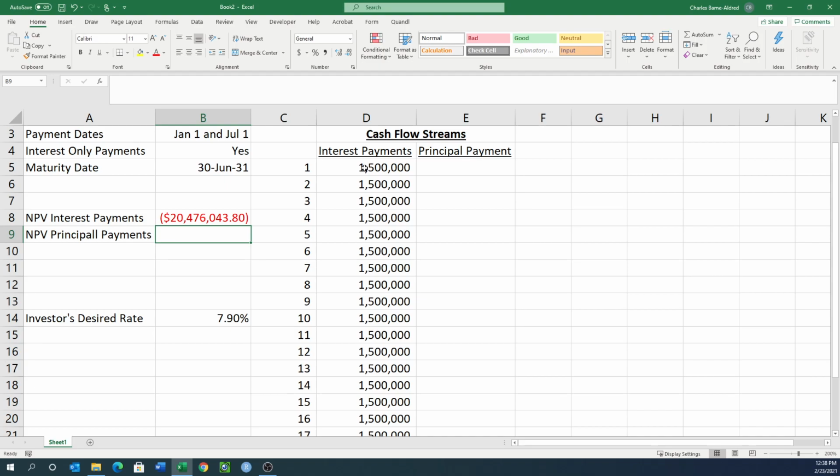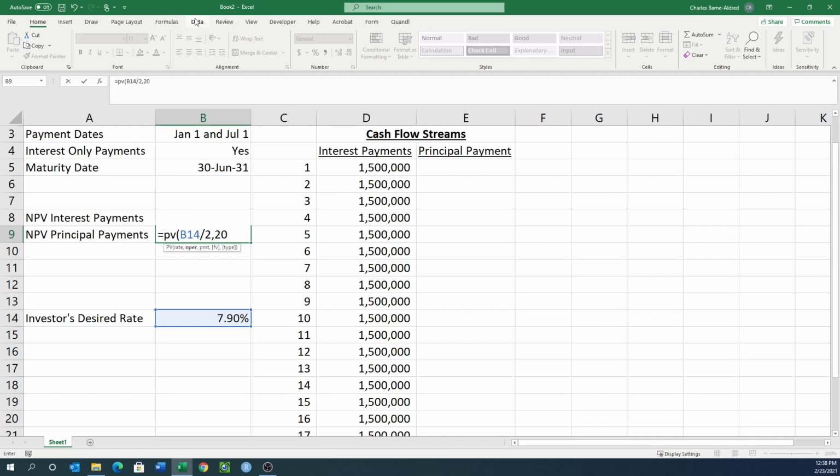Now we want to do the exact same thing with the principal payments. I've got an extra L in here for principal, so we'll make that little edit. We do equals the present value of our rate divided by 2 over still 20 periods. In this case, there's no periodic payment, right?